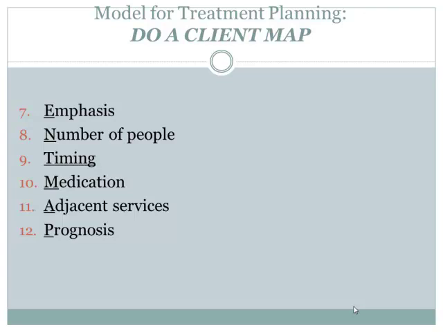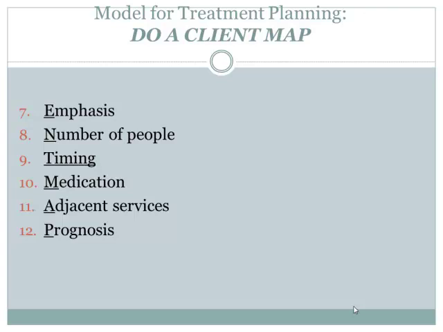Prognosis is the last piece of the treatment plan, and it indicates the likelihood of accomplishing the objectives in the treatment plan according to the methods identified in the plan. So the prognosis is determined primarily by 2 important factors: the usual prognosis of the mental disorder with which the client has been diagnosed, as well as the particular client and that person's motivation, personal characteristics, and supports.